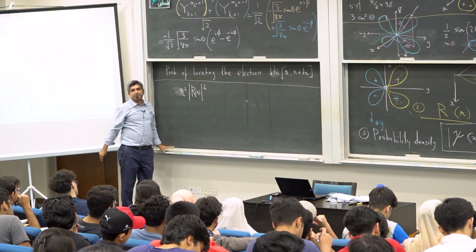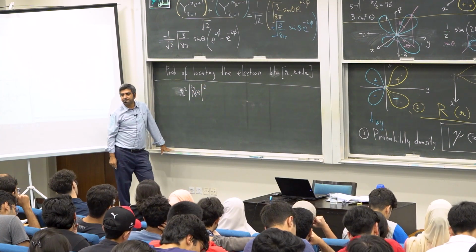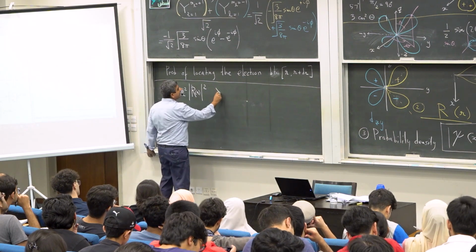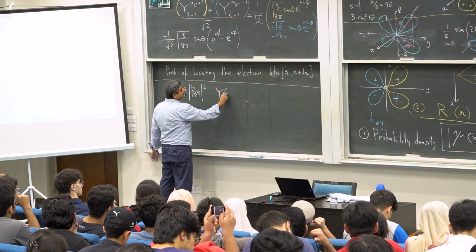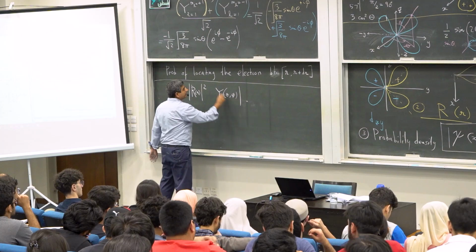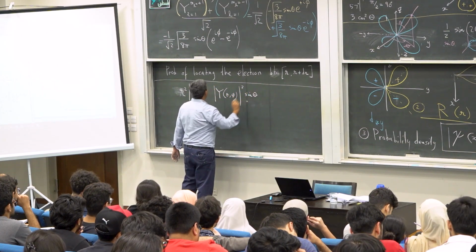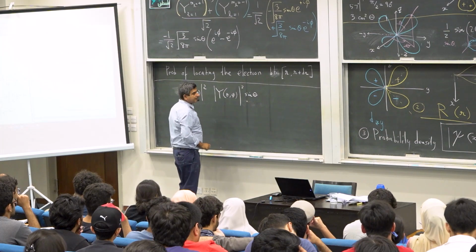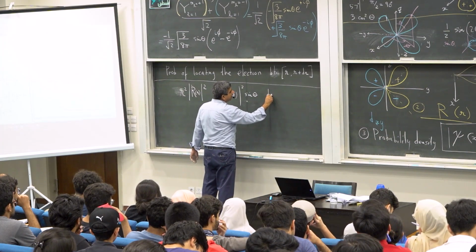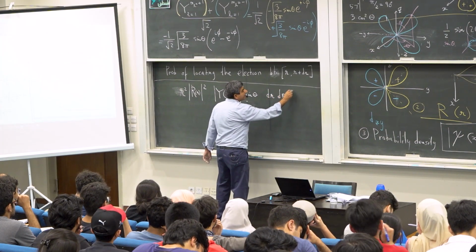These are all the r dependent terms. And I take Y of theta phi, modulus square, sine theta, and I have all my variables dr, dθ, dφ.